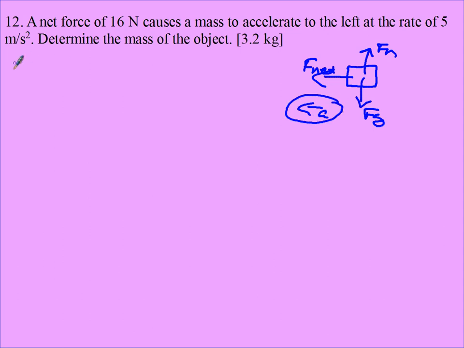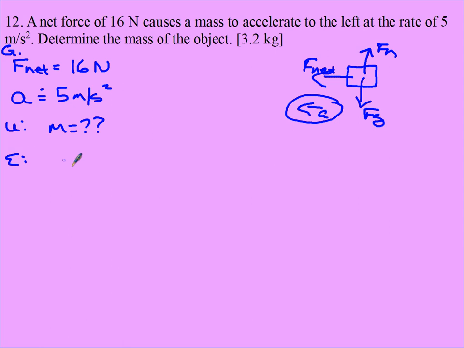So let's look at this. F net is 16 newtons, and that's its value, and the acceleration is 5 meters per second squared, and this is to the left, so I'm going to put a negative sign in there. All right, we want to find the mass. Right here are my givens. My unknown is the mass.